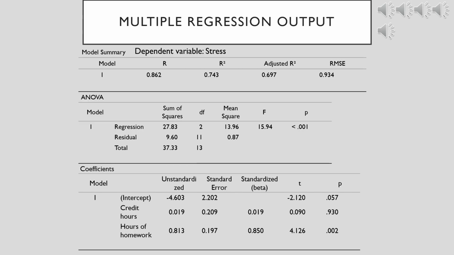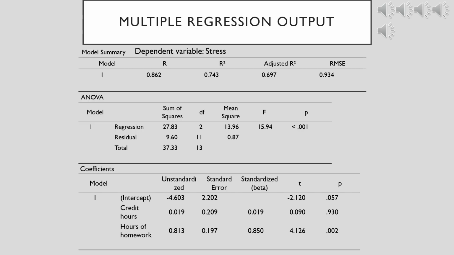If you look at this standardized beta column, you can see that for credit hours, it's 0.019, and for hours of homework, it's 0.850. The larger number here, and I mean larger as in more extreme, because if it was a very large negative number, that still counts. But since both of these are positive, you just see which one is the larger number for the standardized betas, and that means it's a better predictor.